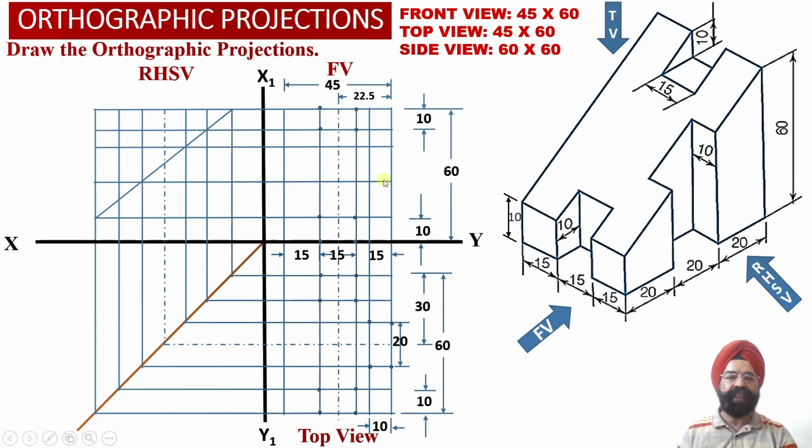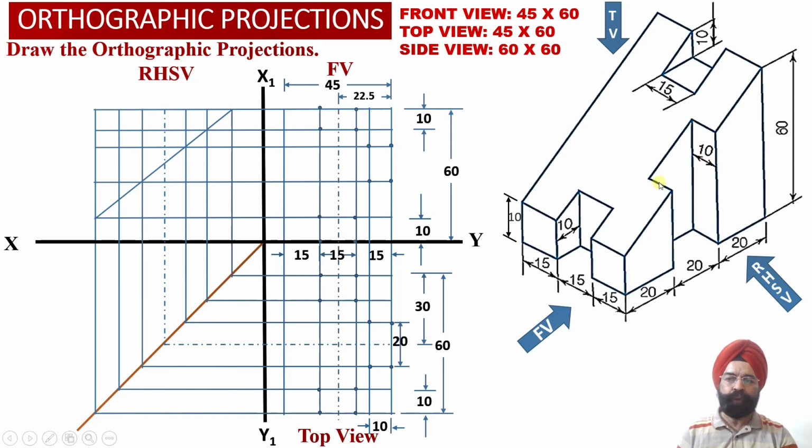Now this surface having a width equal to 10 millimeter will indicate the true length of this edge, which will be visible to the observer from the front view orientation. Now 4 dots we can mark over here corresponding to this vertical surface.